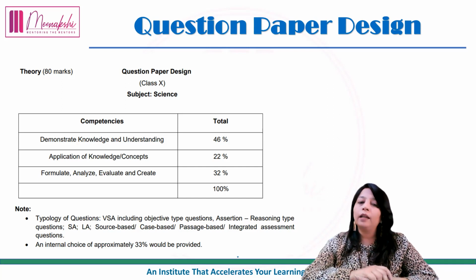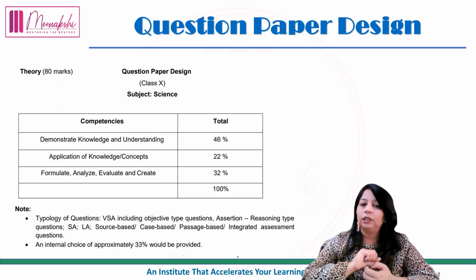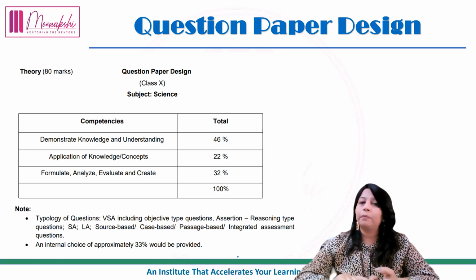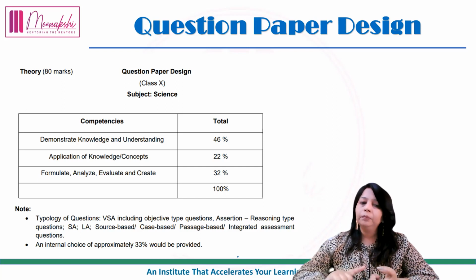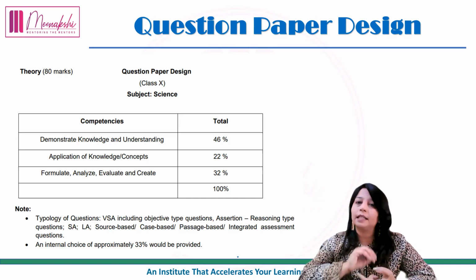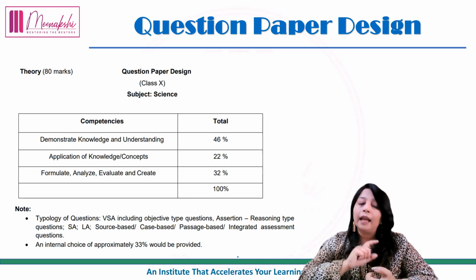You will be having very short answer type questions, VSA, including objective type questions, that we also say select response type questions, assertion reasoning type questions, and then short answer and long answer questions, source-based, case-based, passage-based, and integrated assessment questions. And an internal choice of approximately 33% would be provided.